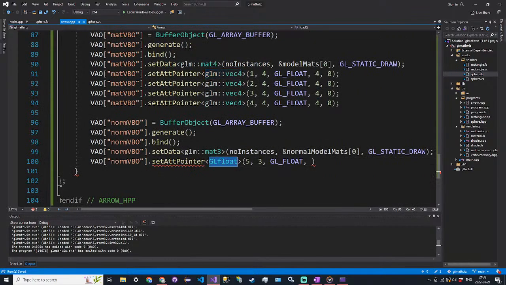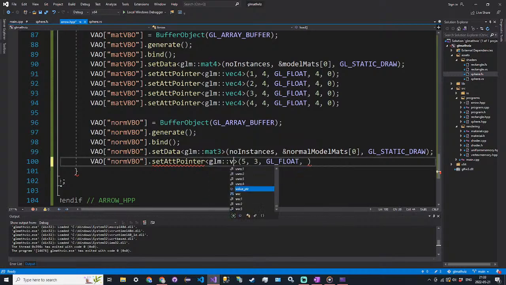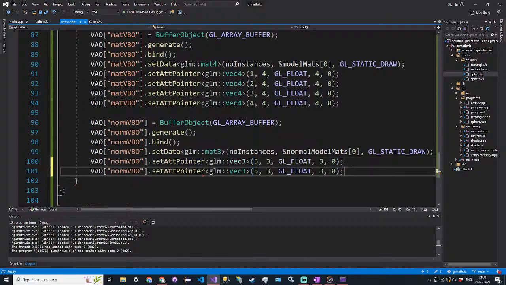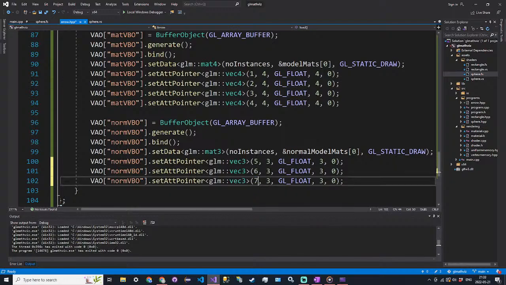And then for the attribute pointers for the normal model matrix, it's going to be GLM vec3. So index 5, 3 GL floats, and we need to jump 3 GLM vec3s to get to the next one. Essentially skip over the rest of the matrix. And then we do 5, 6, and 7 for the indices.